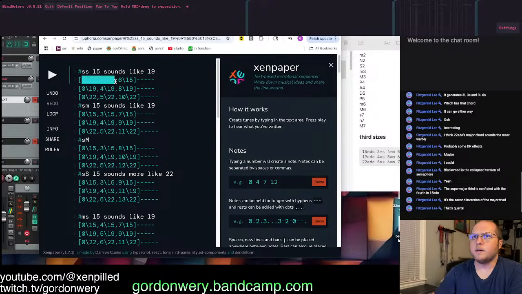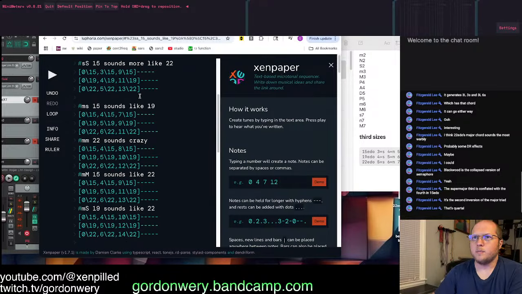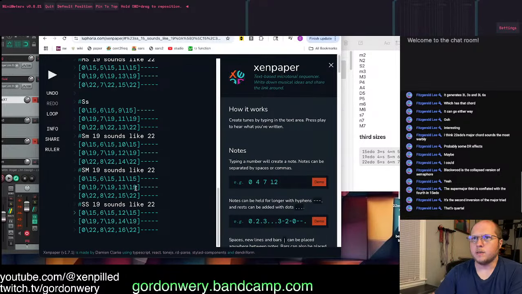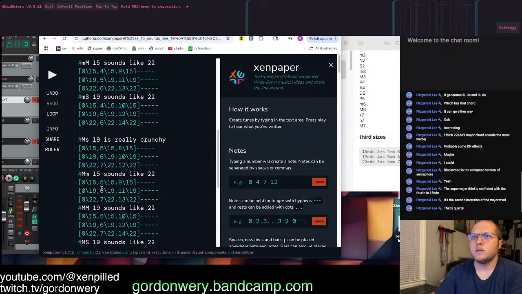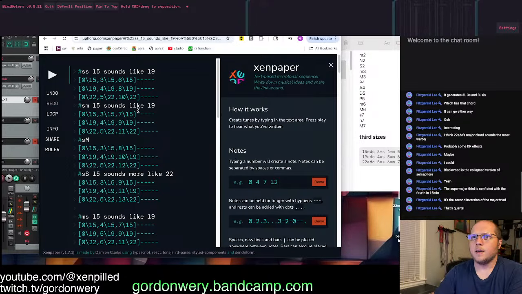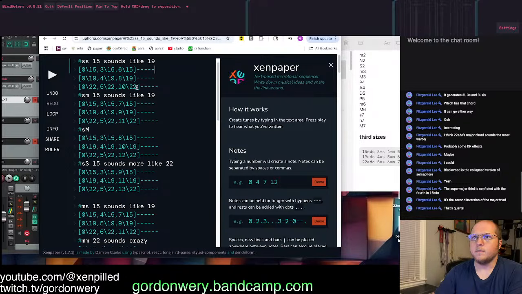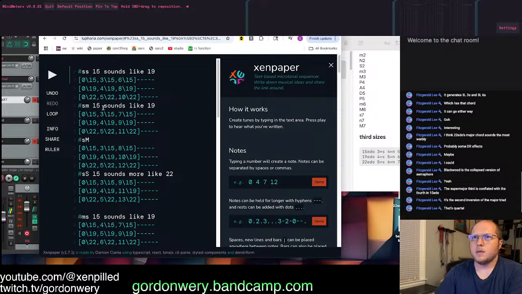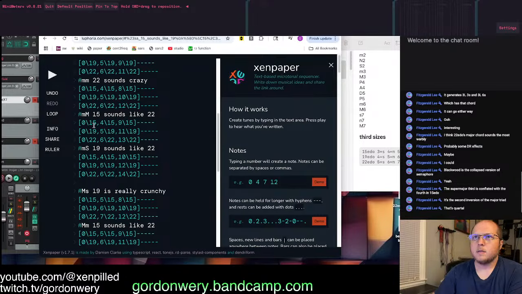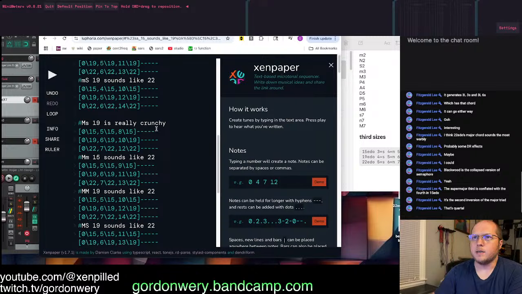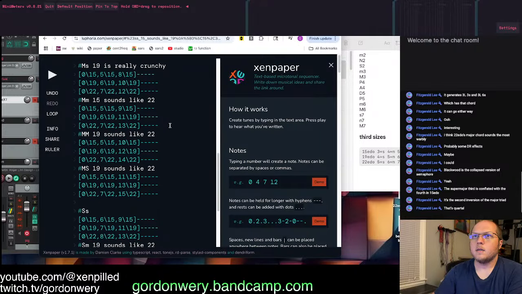But the sub minor third in 15, at least in probably most of these chords, it does seem to make a chord familiar to either 19 or 22. So we found a few uses of that sub minor third.